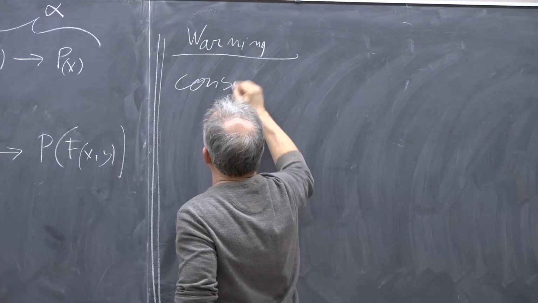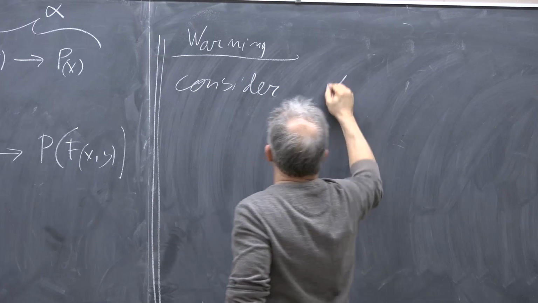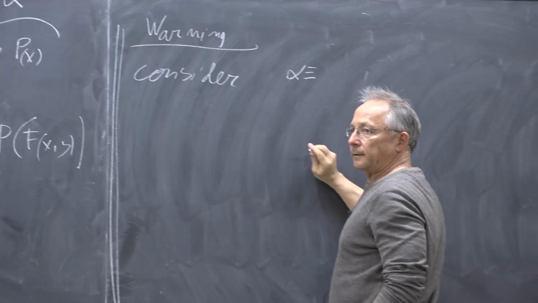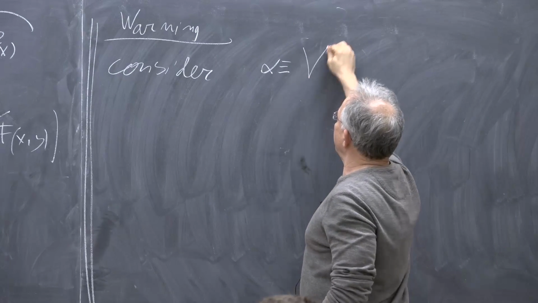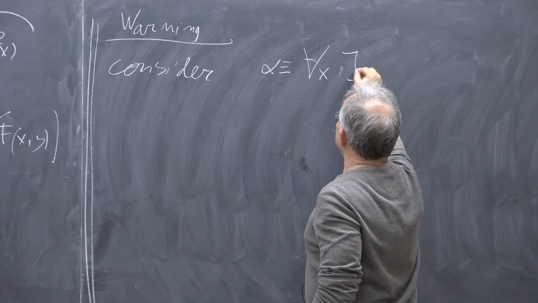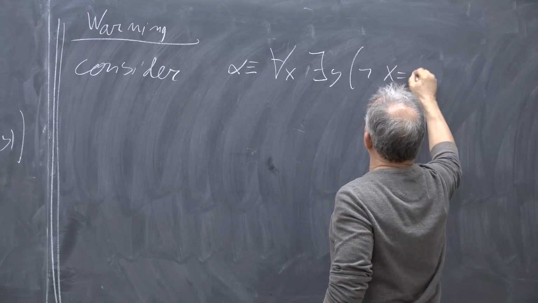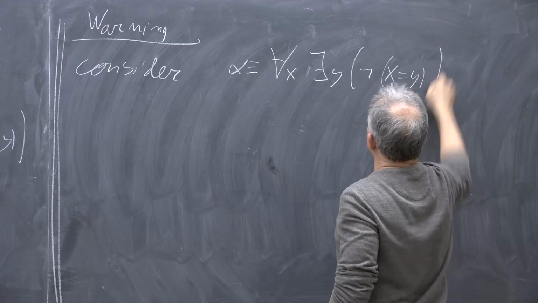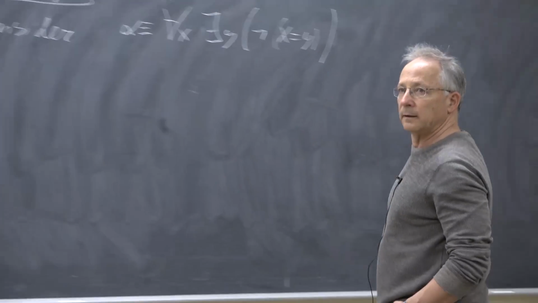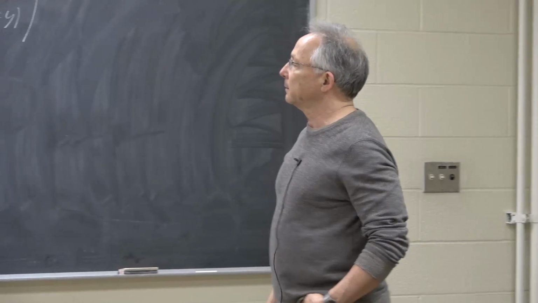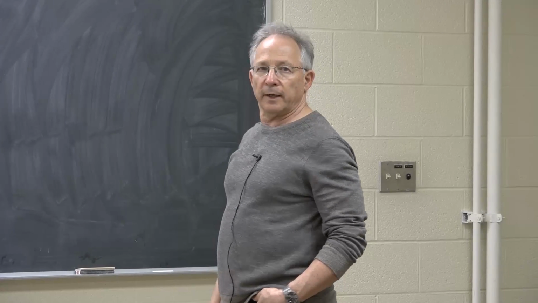Consider alpha to be the formula for every x there exists a y such that not x equals y. So assume I have this formula.